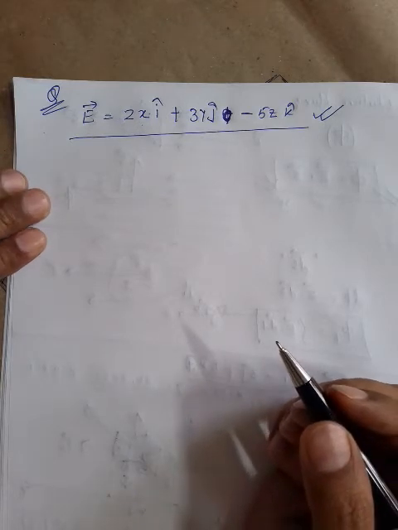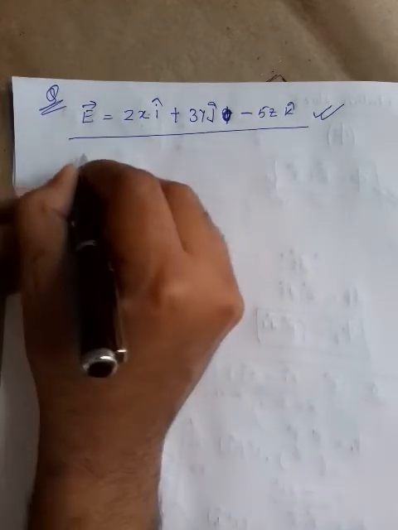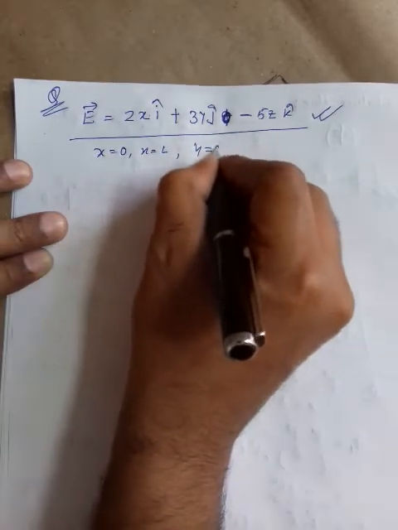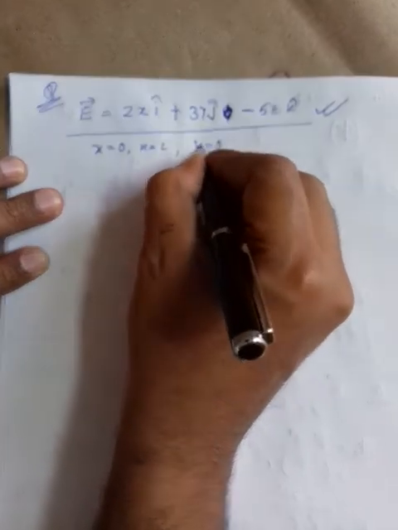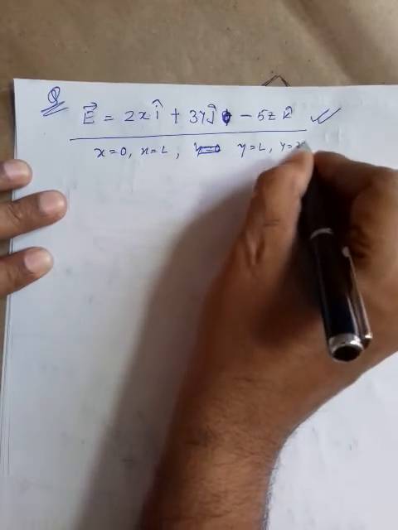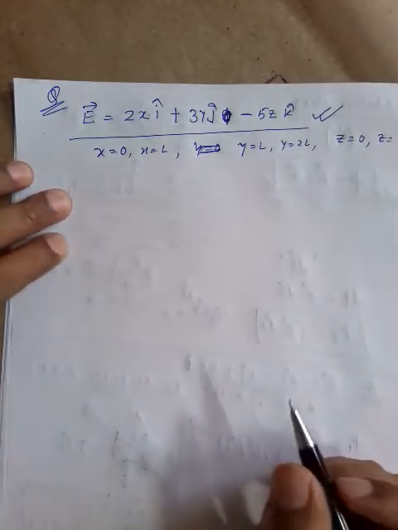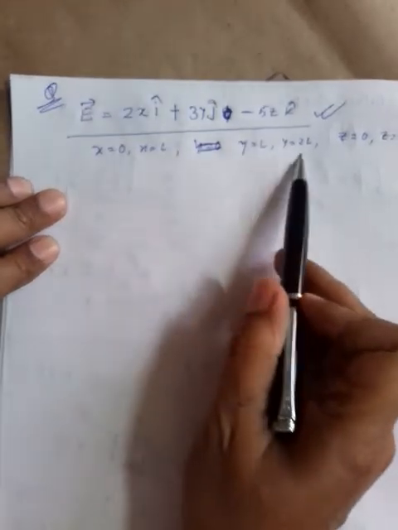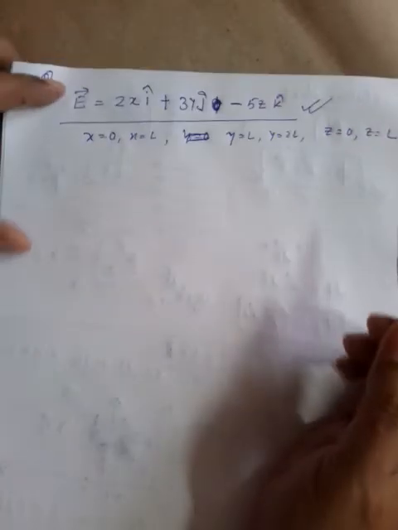Find electric flux associated with a cube bounded by the planes. I am writing slightly different planes, any plane possible. x equal to 0, x equal to L, y equal to L, y equal to twice L, last one, z equal to 0, z equal to L. Clear? The question over, we have to find flux.